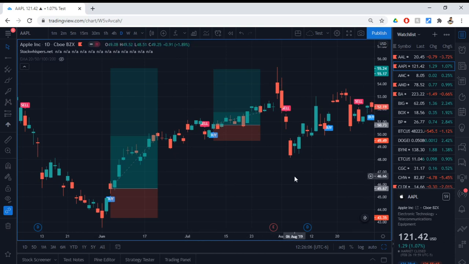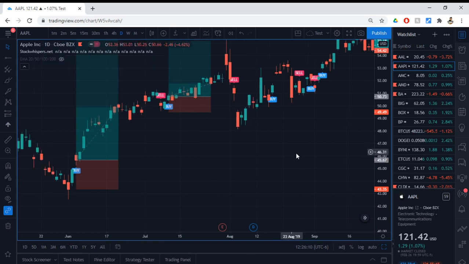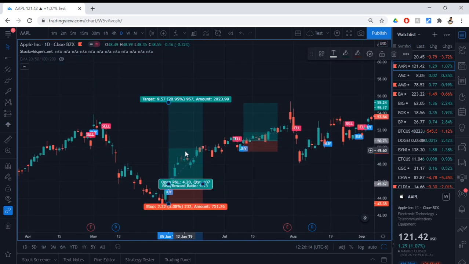I'm okay with this, and I'm okay with losing more plays because when I do win, it's going to give me better returns. But that's me.